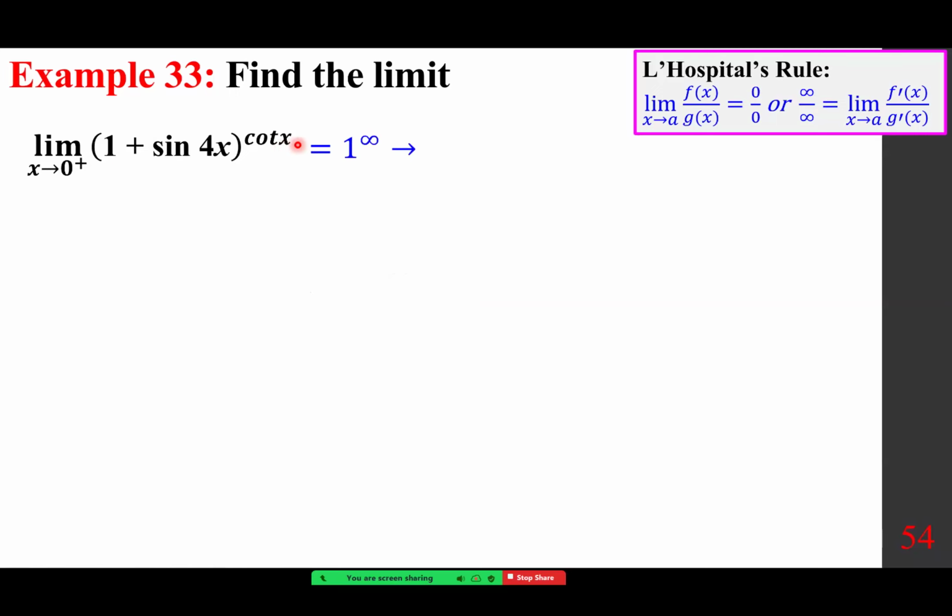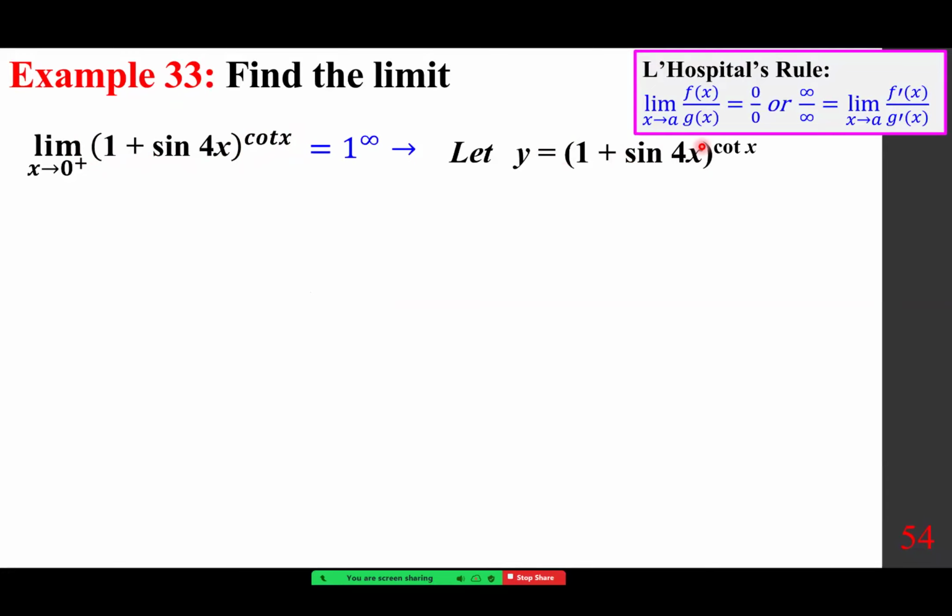In order to make life easy, we're going to call this expression y, which represents 1 plus sine 4x to the power of cotangent x. Now we're going to take a natural log of y and work on it. Whatever the answer is, the final answer for this one would be e to that power.